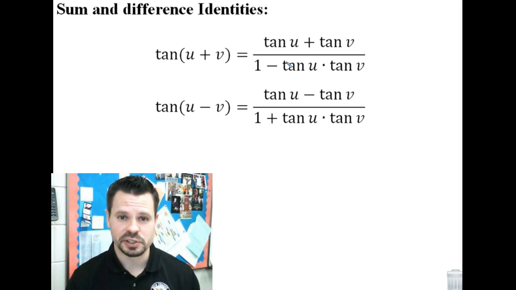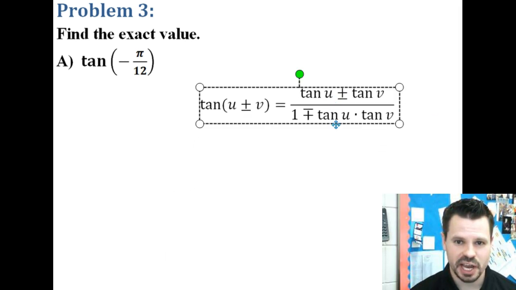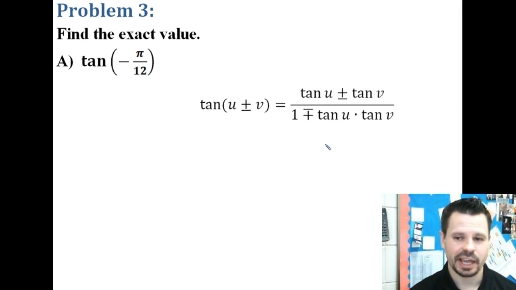So really the only difference is where these symbols fall. And just like we did with our sine and cosine identities, I can combine both the sum and difference into a single equation. We could say tangent of u plus or minus v equals tangent u plus or minus tangent v, plus or minus because this sign will stay the same, over 1 minus plus, so my sign is going to flip, tangent u times tangent v.